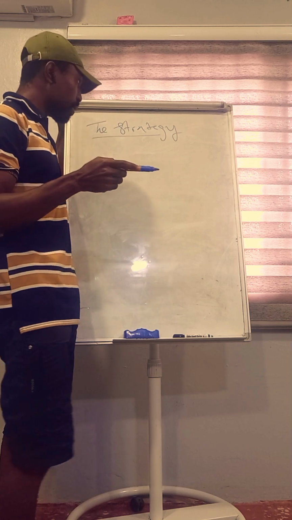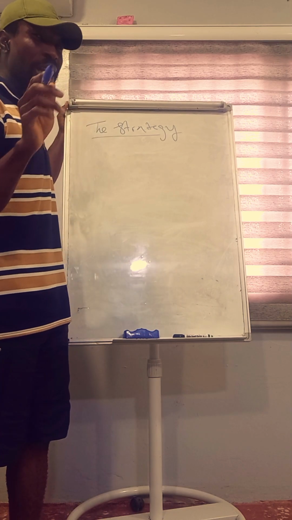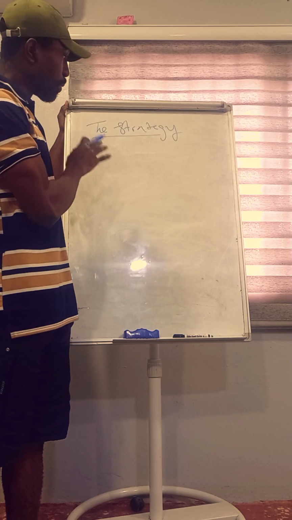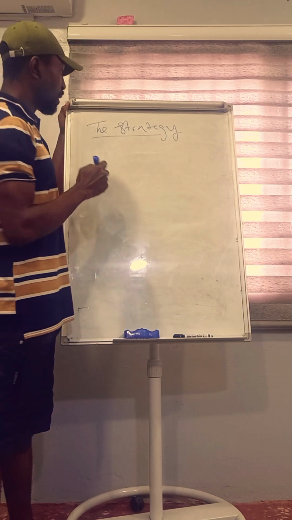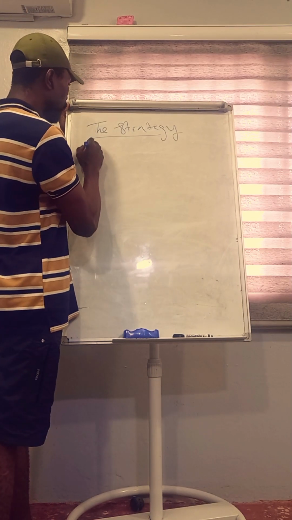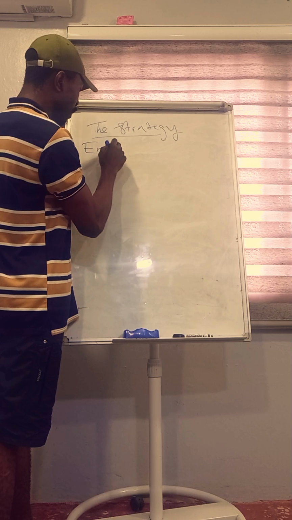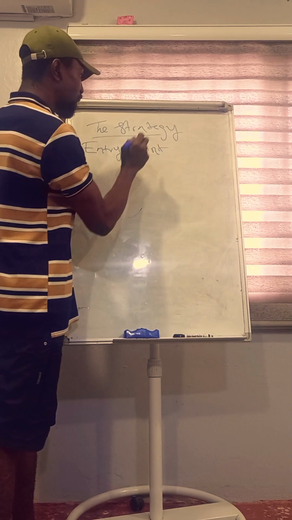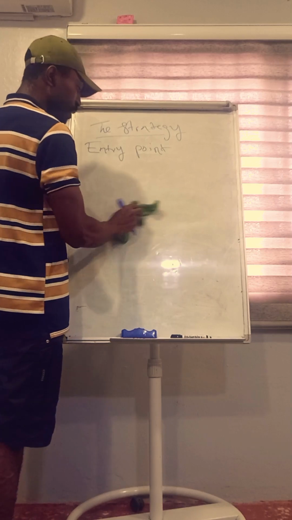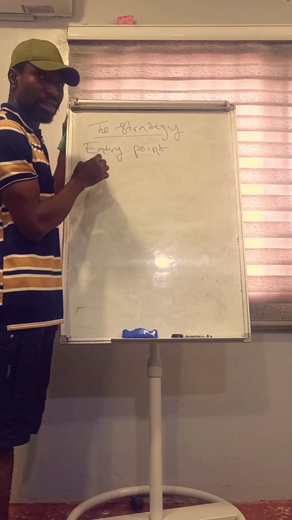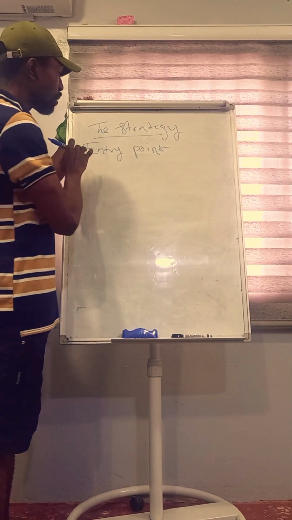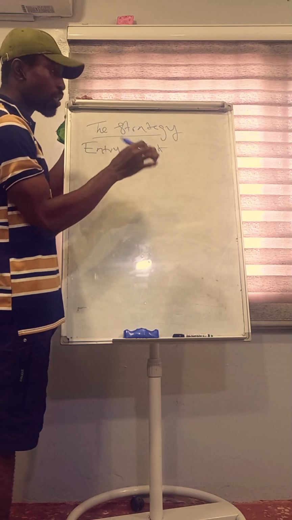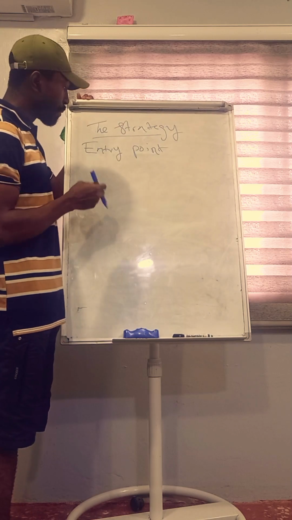Whatever you are using, the strategy should be very clear for you to have it in a plan. What should be clear is your entry point. At what point do you enter the price? It should be very clear. Non-negotiable. If it doesn't happen on the chart, you don't enter.